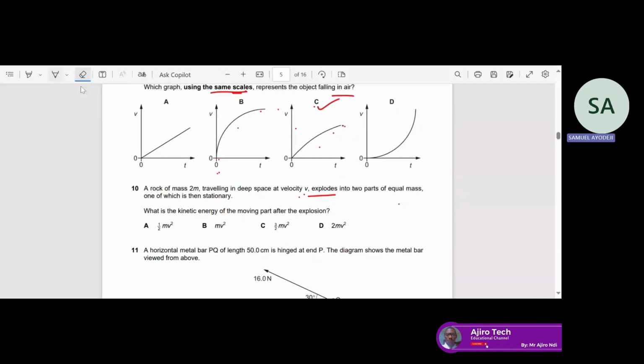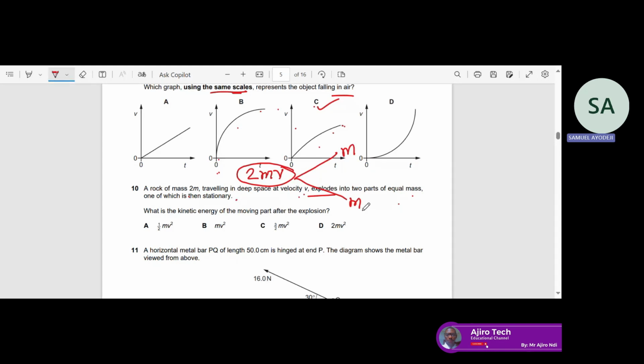Momentum of this one before is mass times velocity, that will give you 2mv. After, this one now explodes into two of equal mass. So this is going to give me m, this is going to give me m, because it's 2m of equal mass. One of them is then stationary.